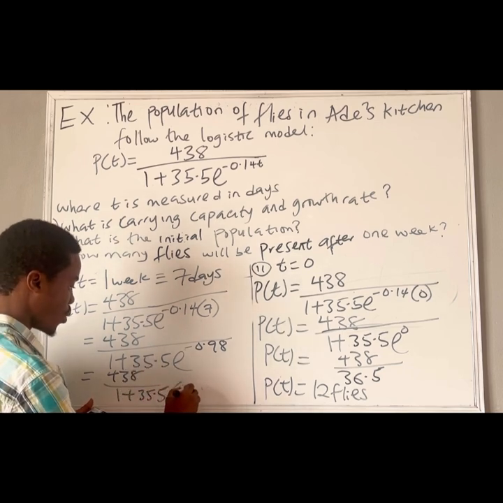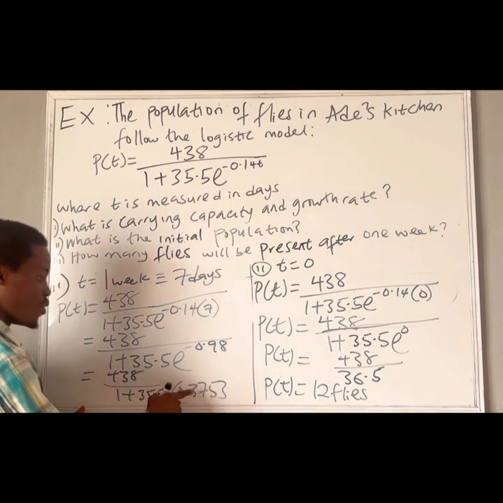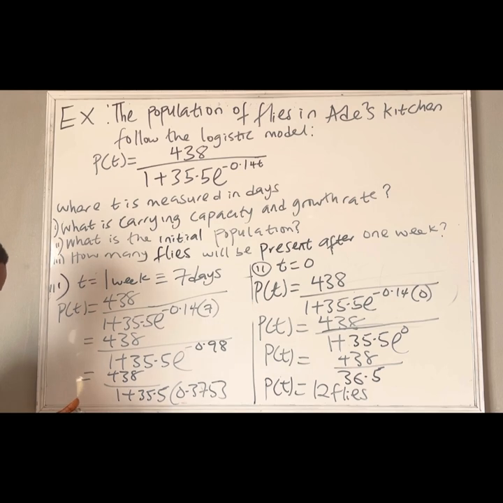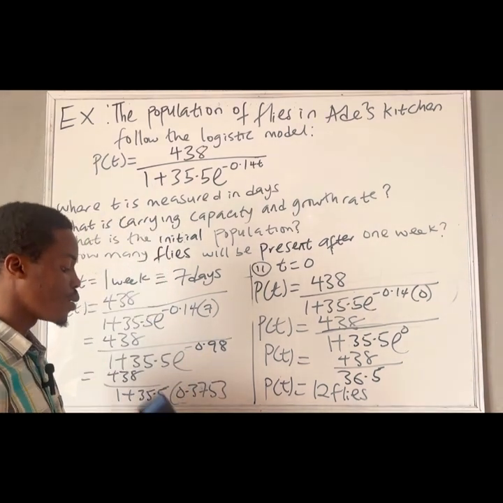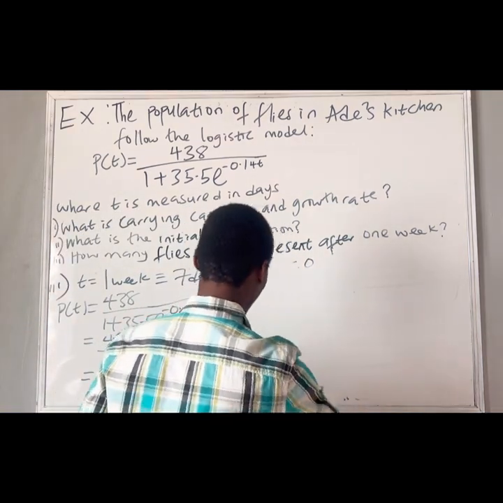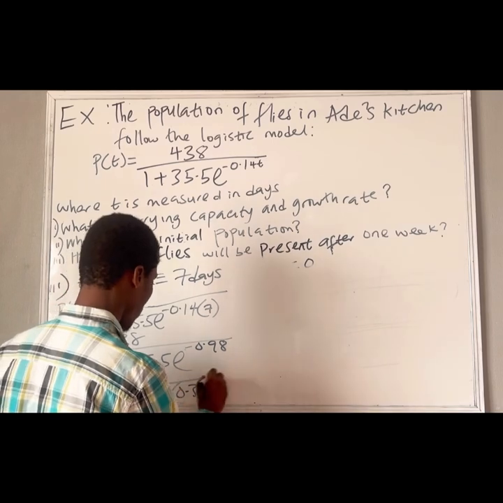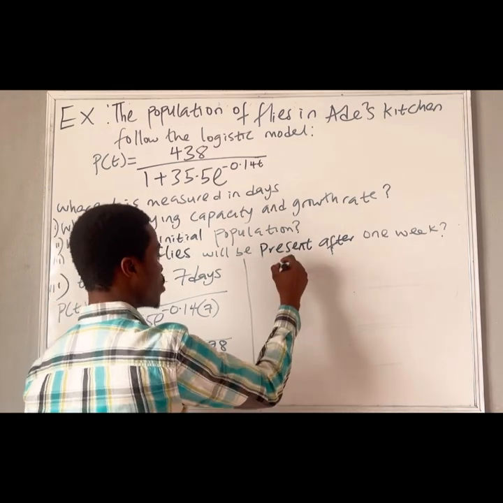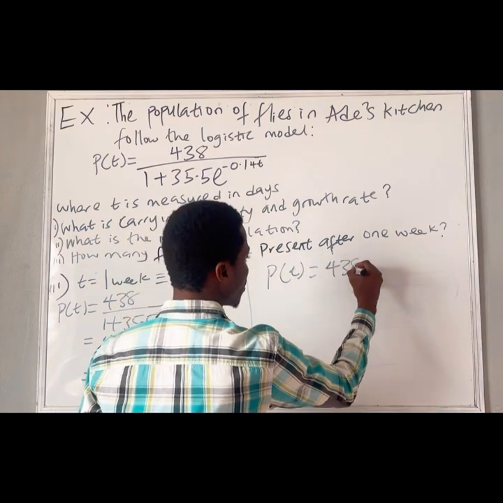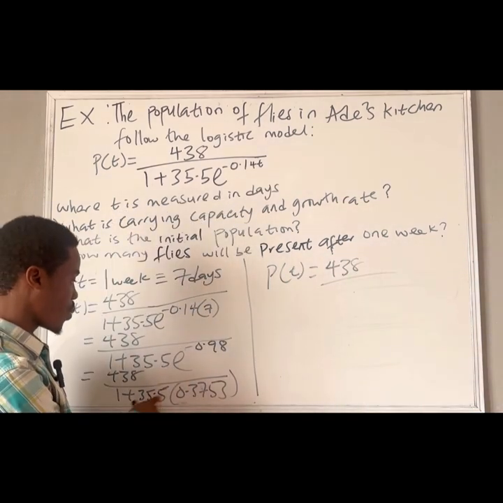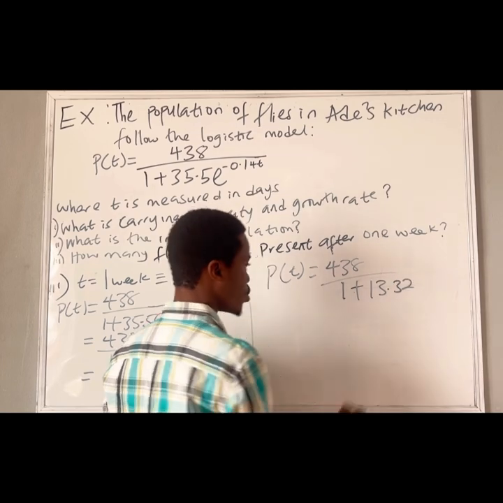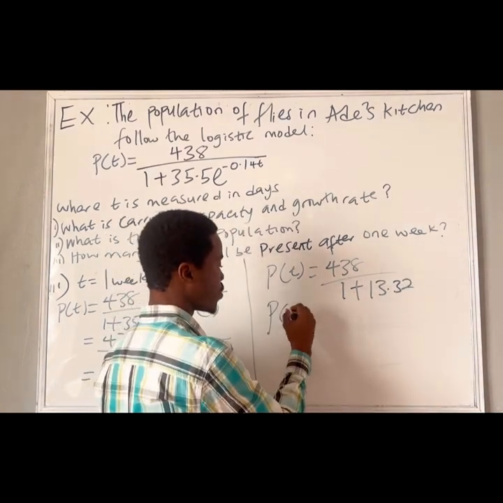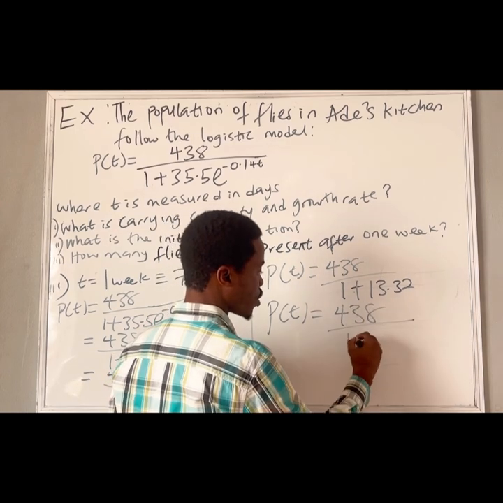So we now have 438 over 1 plus 35.5 times 0.3753. If you multiply 35.5 by 0.3753, we get 13.32354401, so to 2 decimal places, 13.32. Now P(t) = 438 over 1 plus 13.32, which is 438 over 14.32.